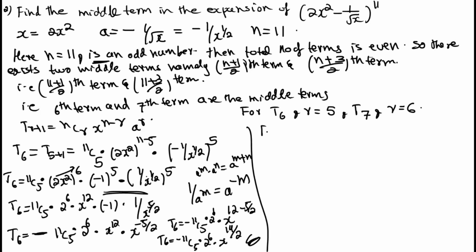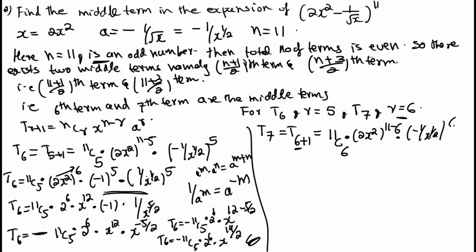To calculate the seventh term, you need to write T_{6+1}. For the seventh term, the r value is 1 less than the required value. So the r value equals 6. Substitute in the formula, what will you get? 11C, in place of 5 you need to substitute 6 because here the r value equals 6, into (2x²) to the power 11 minus 6, into (minus 1 by x^(1/2)) to the power, here you will get 6.